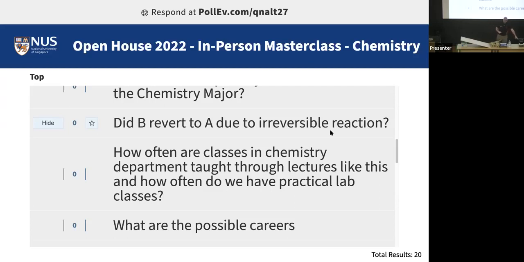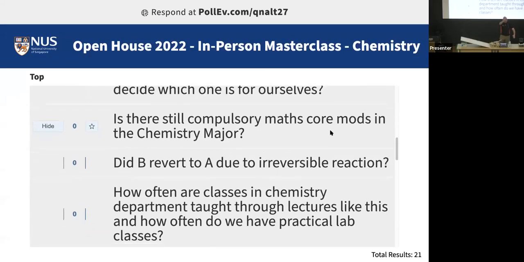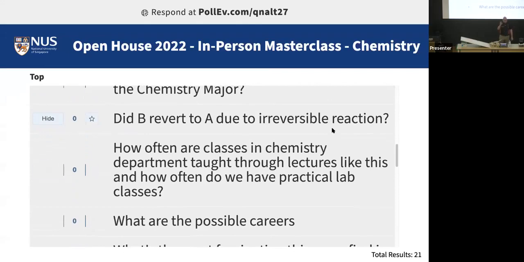So you're not seeing A or B in here, you're seeing the intermediates in the mechanism between A getting to B. And it's those intermediates which can oscillate.